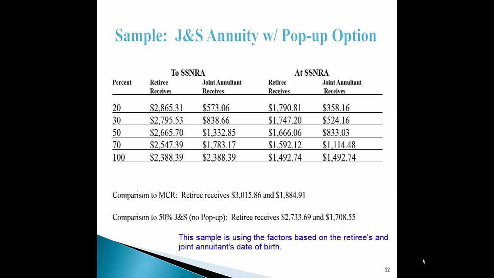This sample is using the factors based on the retiree's and joint annuitant's dates of birth. The factors used to calculate this benefit will be different for each person based on how old they are when they retire and the age of the joint annuitant.